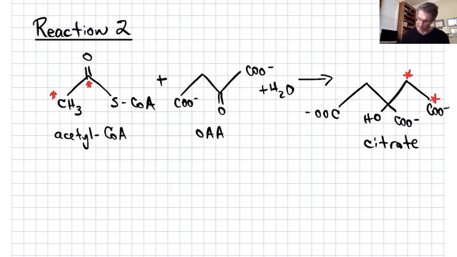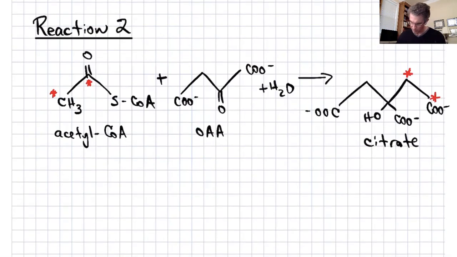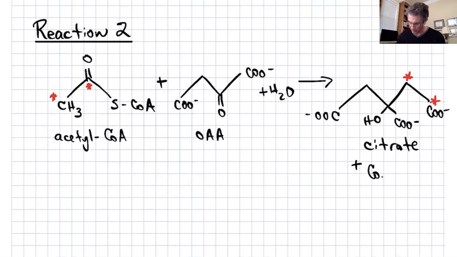All right. So also, let me just go ahead and write down our other products here. Because we've used that acetyl group, that activated 2-carbon group, this reaction will yield some reduced CoA and a proton. The enzyme that drives this reaction is, of course, citrate synthase.